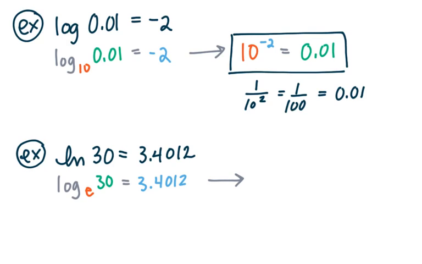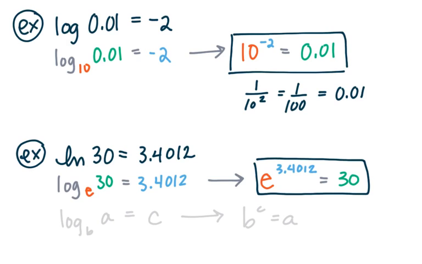Converting that, remembering that log base b of a equals c is going to change to b to the c equals a. So doing that, I'm going to get e to the 3.4012 equals 30. And this is a true statement.